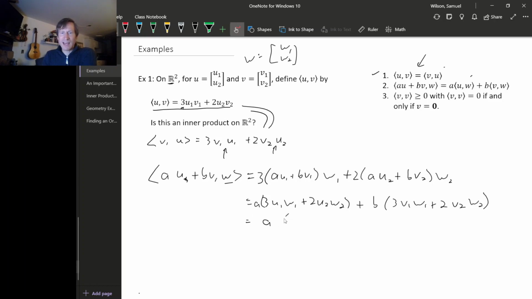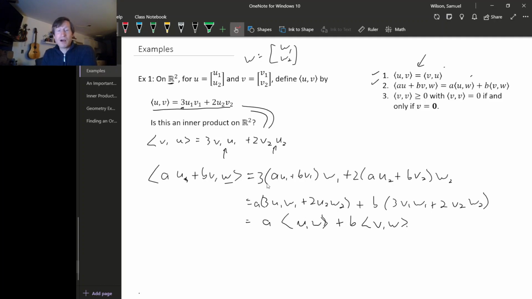And of course, this is A times the inner product of U and W plus B times the inner product of V and W. Okay, so that verifies that it is indeed bilinear.